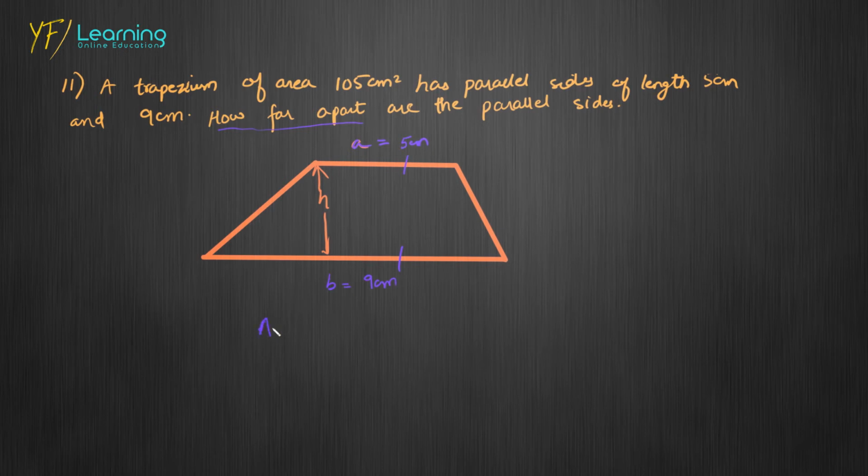So area is equal to half times A plus B times H. This is the formula of area of trapezium, so half times A is 5 centimeter, B is 9 centimeter, and height is not given. Area is given and area is 105 centimeter square.